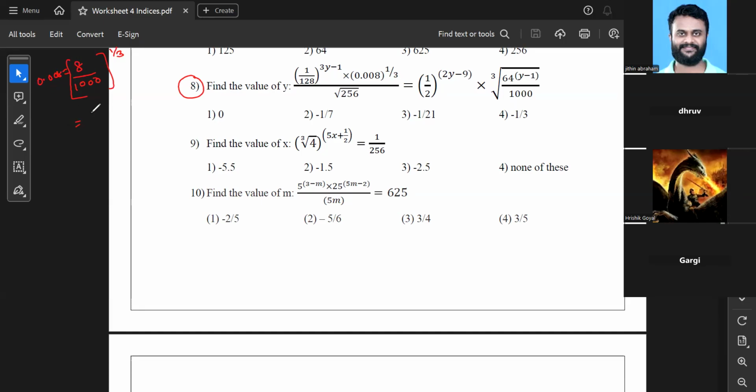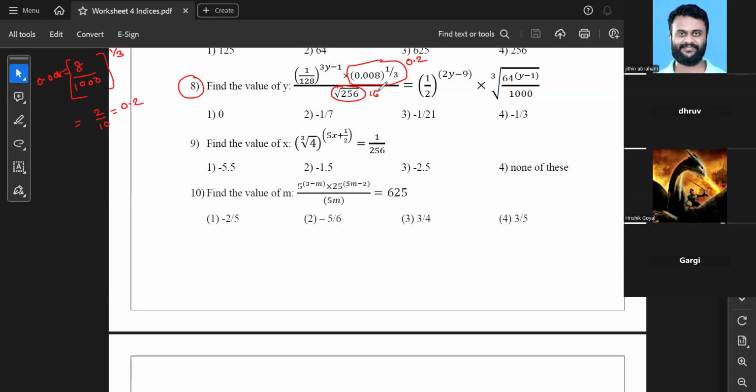Yes, sir, you taught in cube and cube roots. So this is 2 upon 10, that goes 0.2. Now this is, tell me. 16. Sir, 16.